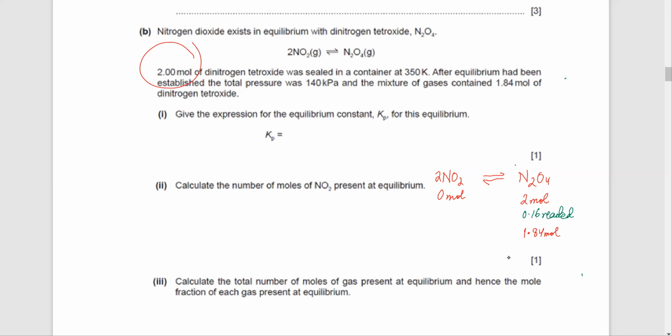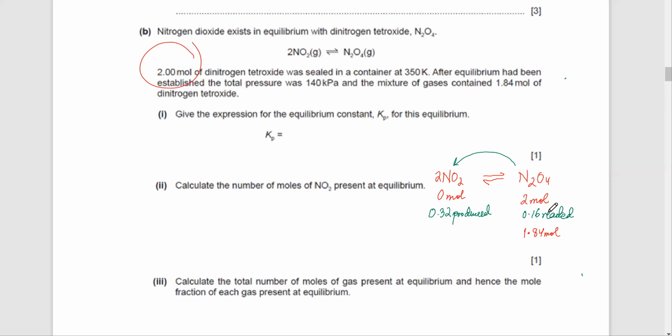So what would it produce if it reacts? It's going to produce NO2. And how much? 0.32. That's the amount that's going to be produced according to the 1:2 ratio. So 2 moles initially added, 1.84 left at the end of the day, as stated over here.